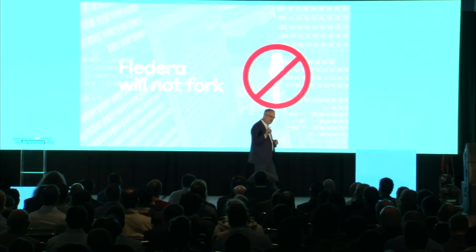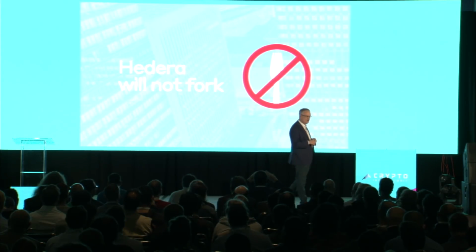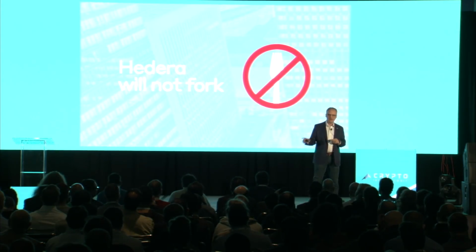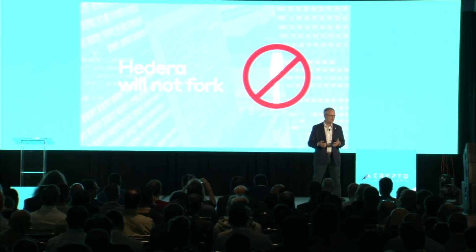Now, I do clearly understand that there are developers in the market that simply will not like this. And their objections are sometimes legitimate, right? So if a developer wants to build a product on a platform and they, at some point in the future, don't like the product roadmap of that platform, sometimes they want the ability to fork that platform, change it, and go to market and compete with the same platform and their own product roadmap, both for the platform and for the applications being built on top.